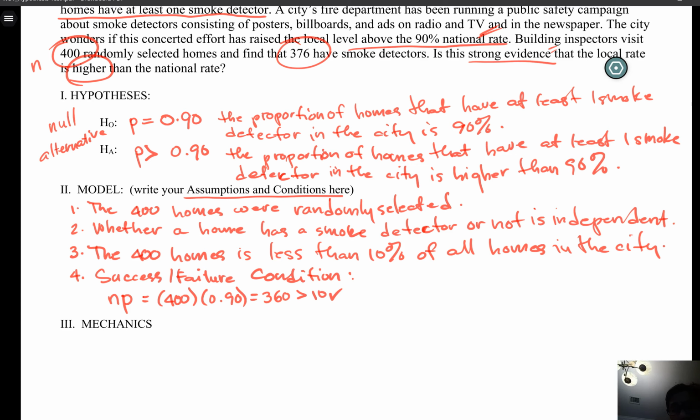And then let's solve for failure right here, nq. Again, n is 400 times q. If our success is 90%, then our failure is 0.1, 10%, and so that would be 40. And 40 is greater than 10. So we have the success-failure condition.